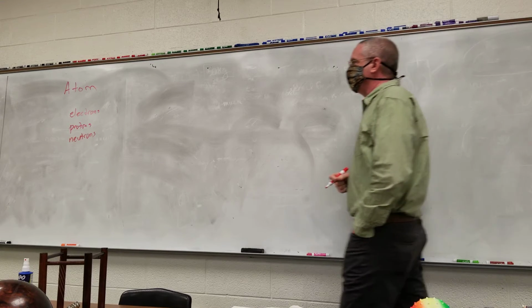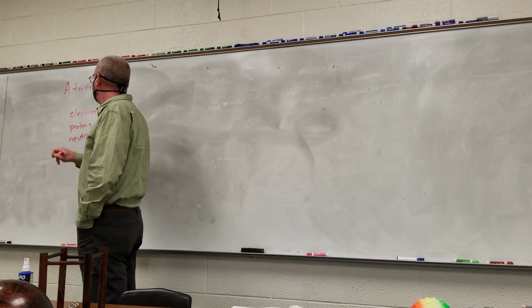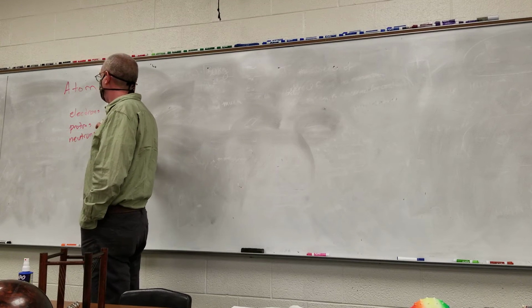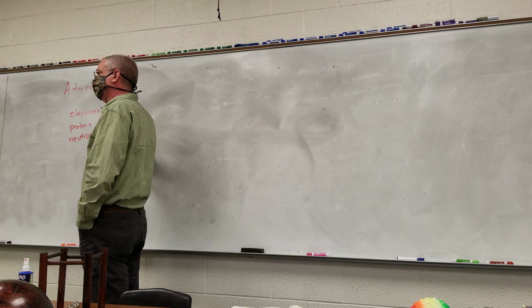Okay, what a charge of what? Negative charge on the electron and positive on the proton. Say it like you mean it. I always get those two confused for some reason. Oh, so far so good. And the neutrons are neutral.